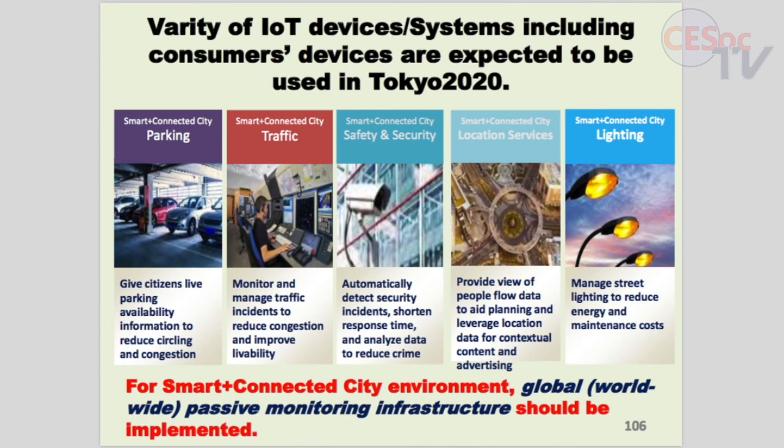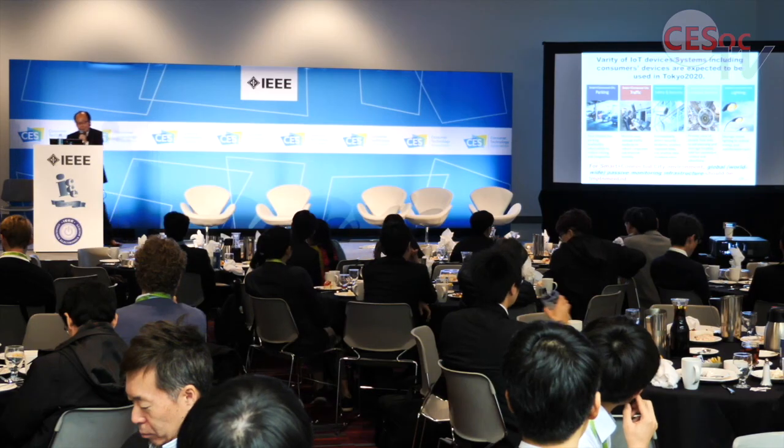Because if we detect IoT devices only inside Japan, it almost means nothing, because the attack may come not only from Japan, but from other countries. So this kind of cooperation might be very, very important for us.